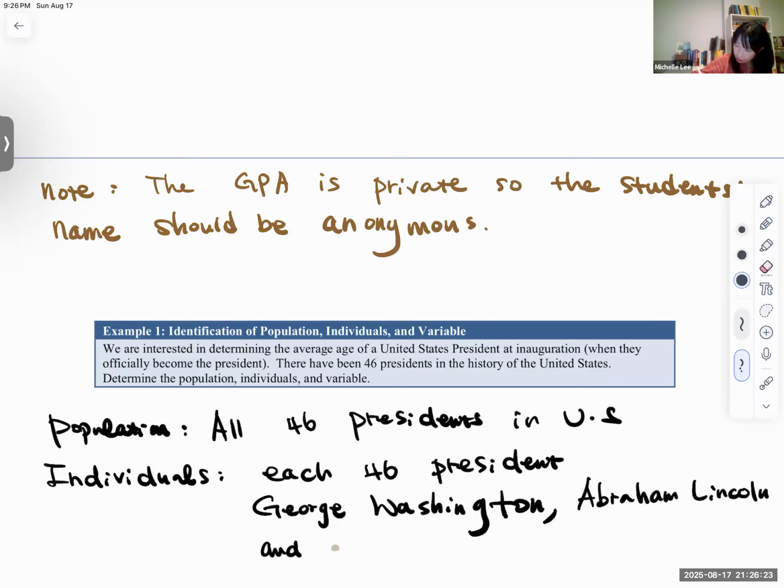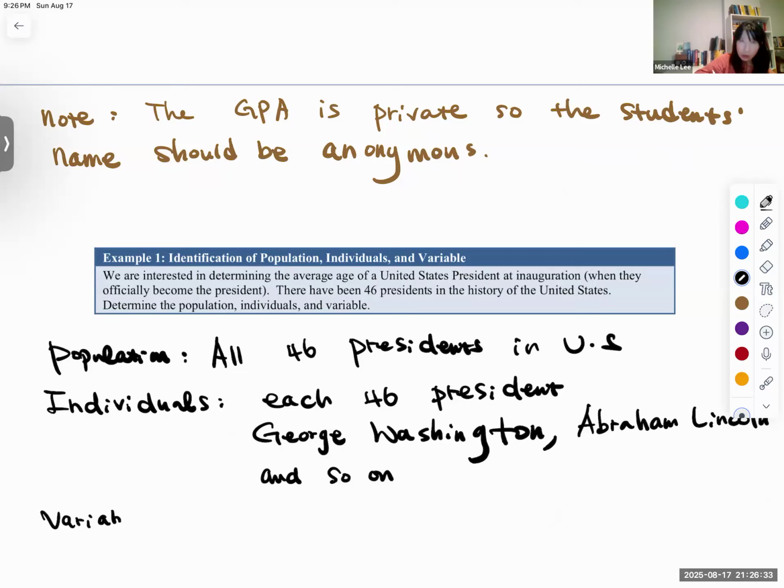Okay, variable. So we want to determine the average age of US presidents of all 46. Yeah. Okay. So variable will be age. The age of each president.